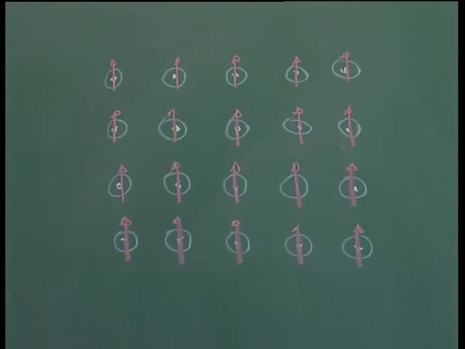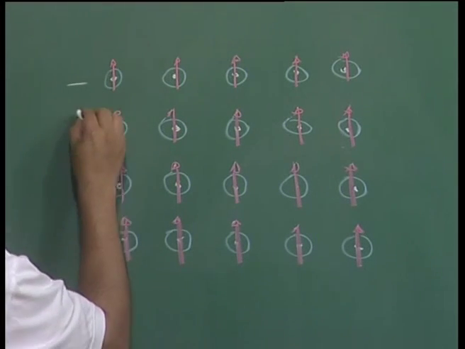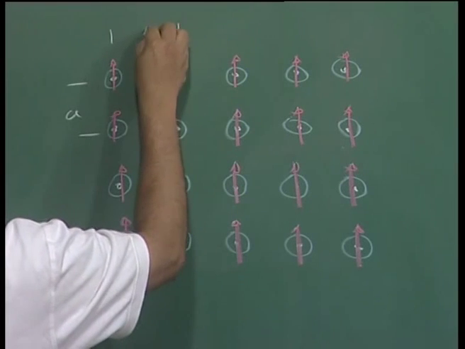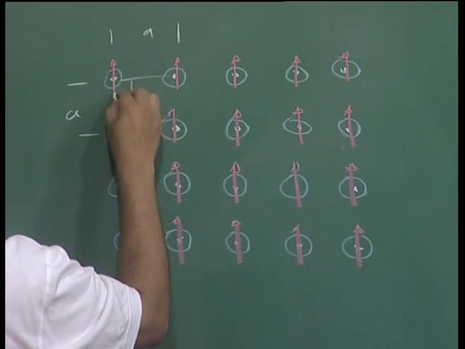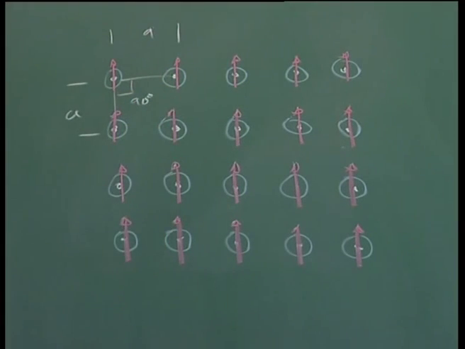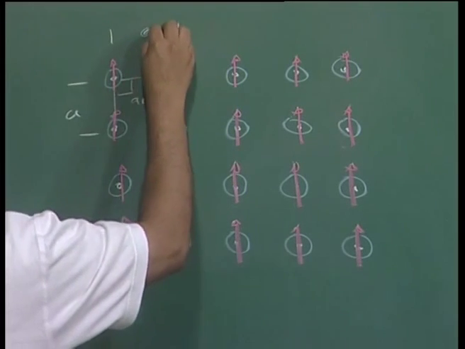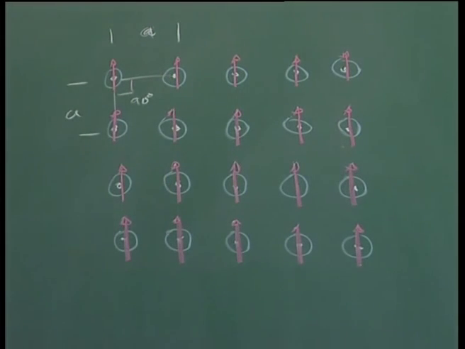Now there are two possibilities. When all the spins or the magnetic moments get aligned, there is a possibility that it can actually change the lattice parameter. What was the original lattice parameter? A, and this included angle was 90 degrees, right? So my two lattice parameters are the same and the included angle is 90 degrees, therefore it was a square crystal.